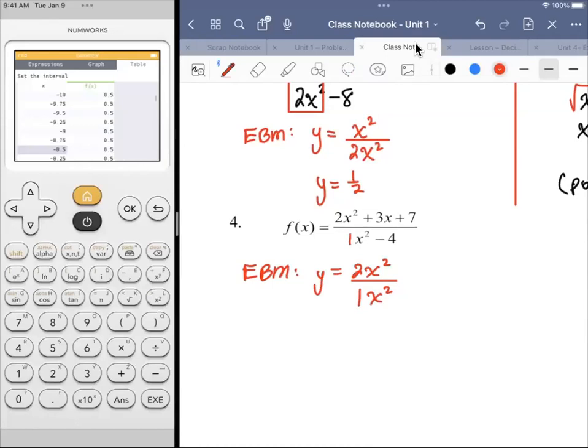Powers that are the same, so my end behavior model is going to give me the horizontal asymptote. If I simplify, I get just a simple y equals 2. So it's going to behave like a horizontal line, and because it's a horizontal line, this is the horizontal asymptote. So you cut out a little bit of the fluff.